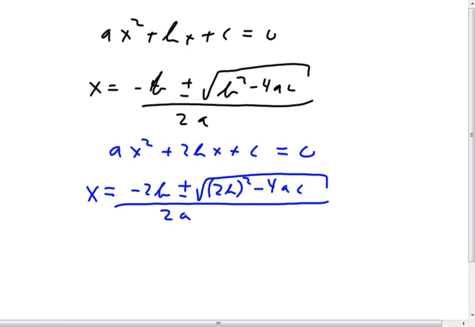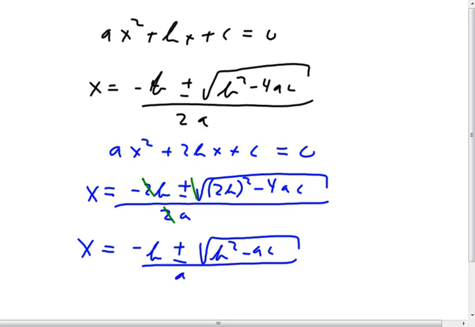Same thing you have up there. But now I've got a 4 sitting here. I can factor out that 4. That 4 comes over here and is now a 2. I got a 2 there, I got a 2 there, I got a 2 here. And now this becomes x is equal to minus b plus or minus the square root of b squared minus ac divided by a.